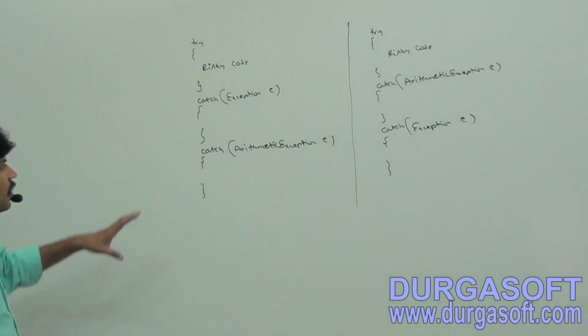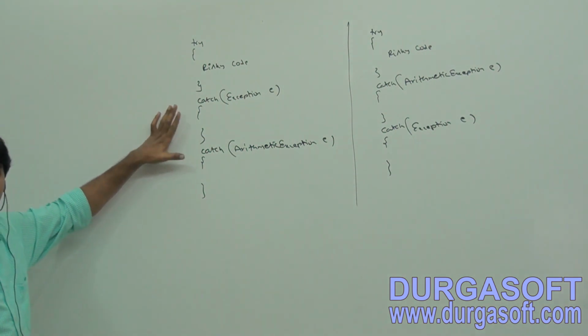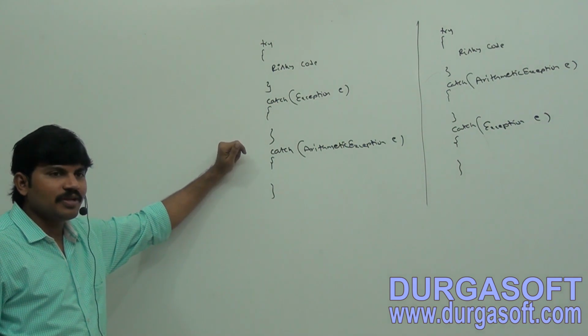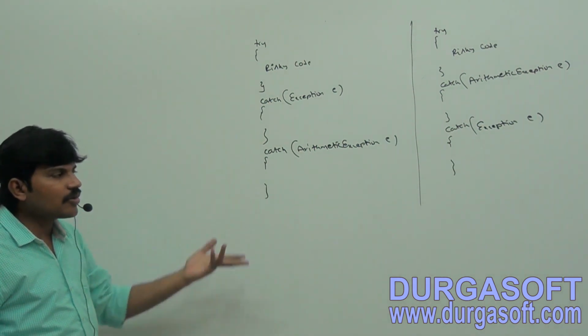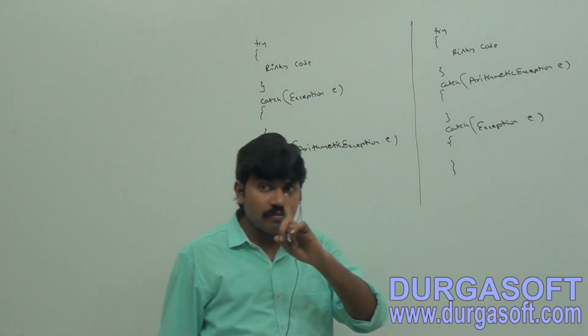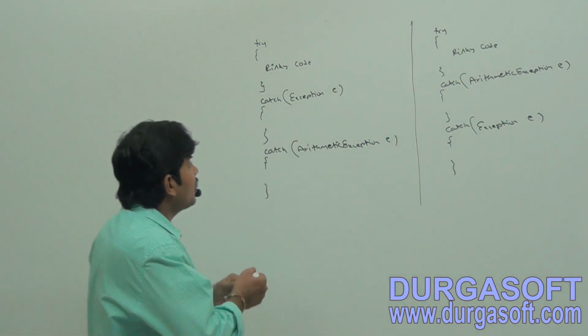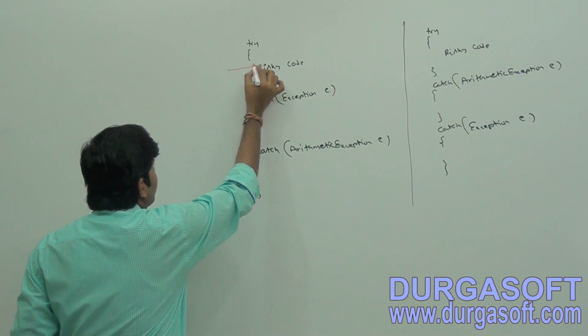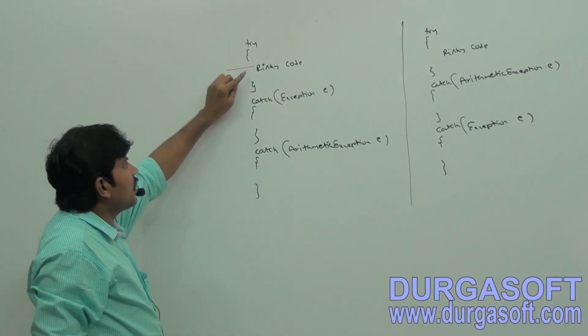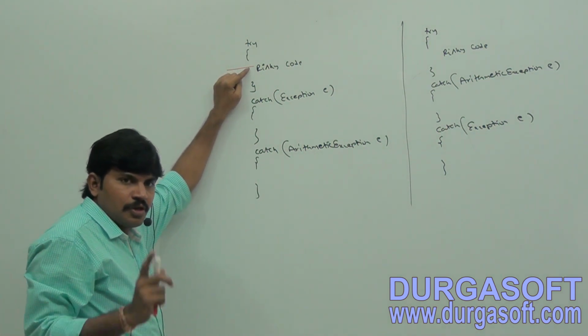Yes, see here. The first one is invalid, and automatically the second one is valid. What is the reason? Listen very carefully. Sir, here a null pointer exception came. Assume a null pointer exception came.